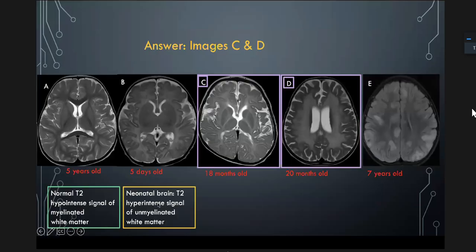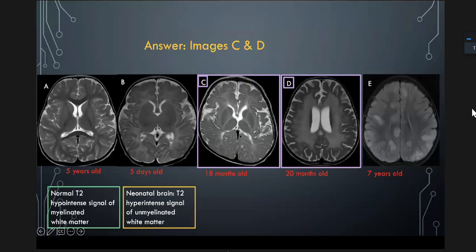So this is the neonatal brain of a normal 5-day-old baby, and the unmyelinated white matter will appear T2 hyperintense. Also notice that the posterior limb of the internal capsule shows subtle T2 hypointensity, and the ventrolateral thalami are both showing T2 dark signal. That means that's normal myelination in a full-term baby.